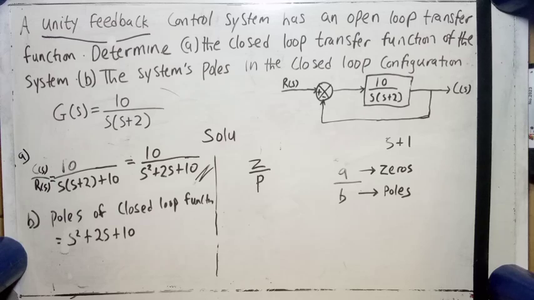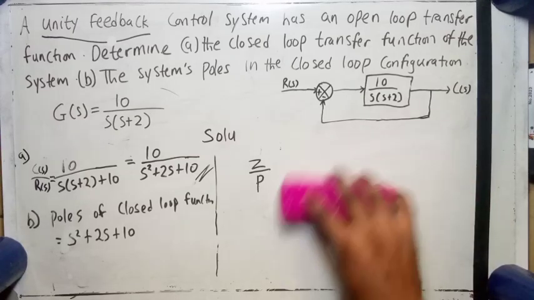So the poles now that they are demanding from us is to find the value of s. Since this is a quadratic equation, that means we are going to have two values of s. You can use a calculator to solve it if you want, or you can still use your almighty formula, whatever you choose to use.